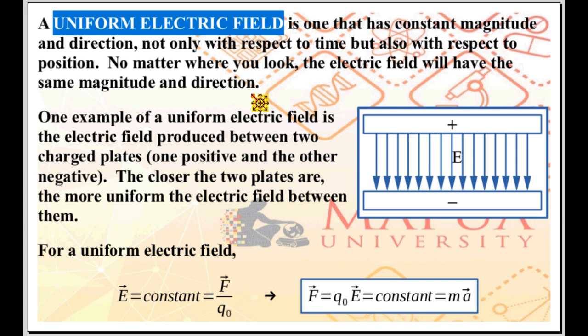direction. The electric field produced by a single charge, for example, is constant only in terms of time. 1 second, 2 seconds, 3 seconds, the electric field produced by a single charge remains the same.